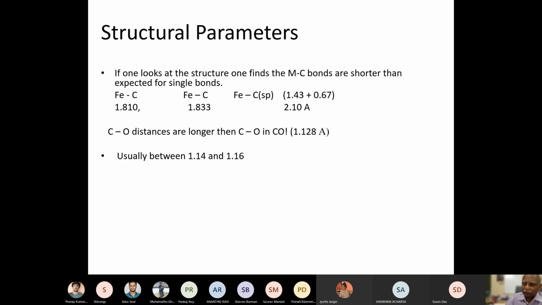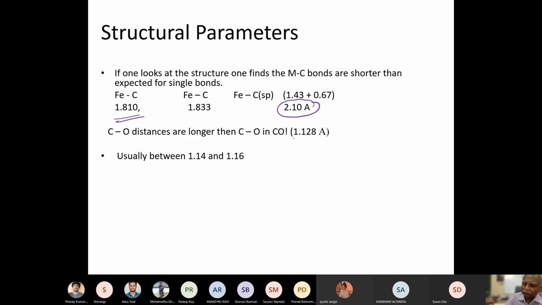One very important factor that we looked at was the bond distances, which seemed to indicate that there was multiple bonding between iron and carbon, and it is not just a simple covalent bond, which would have required a bond distance of, for example, 2.1, whereas what we observed was significantly smaller.